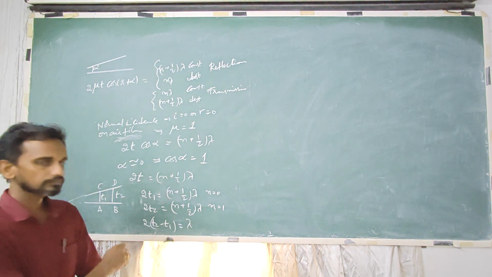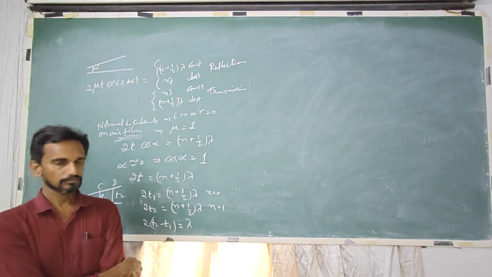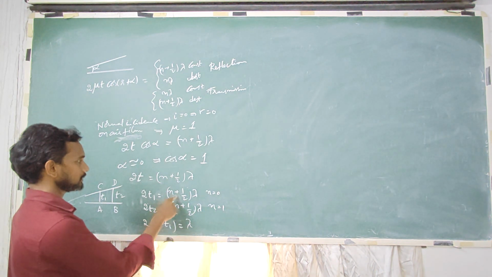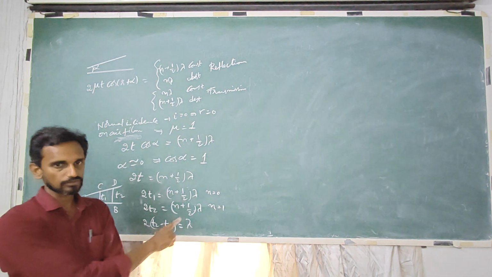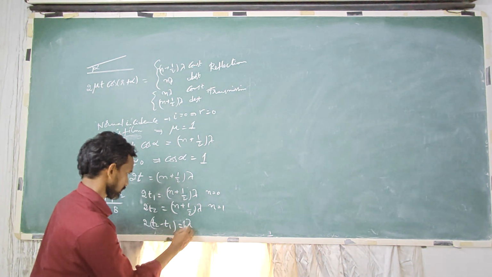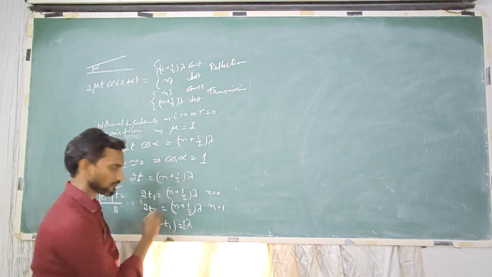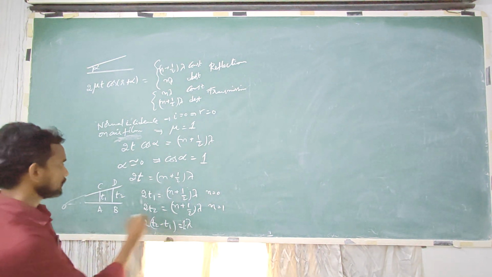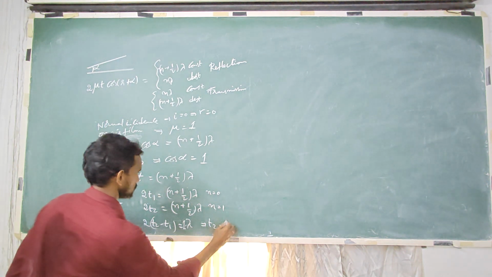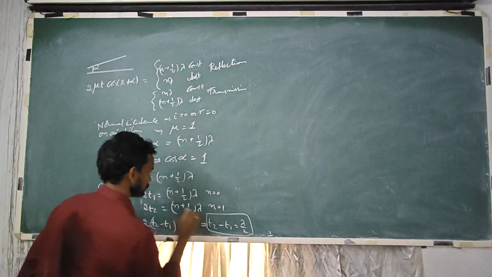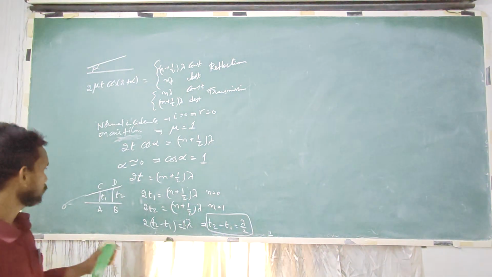Lambda. For n is 1, it is 3 by 2 lambda, n is equal to 0, 1 by 2 lambda. So 3 by 2 minus 1 by 2 is 1 lambda. Right? So T2 minus T1 is lambda by 2. One condition.